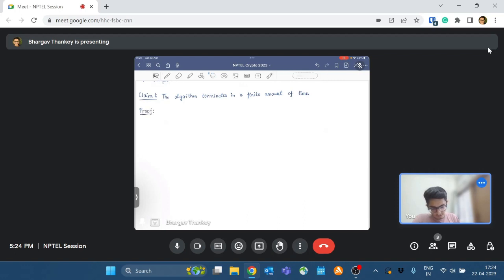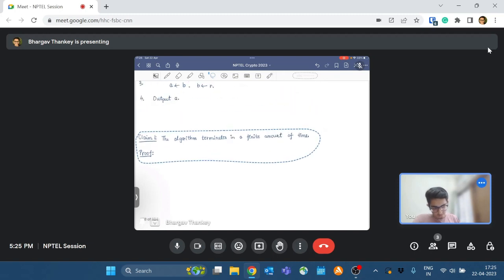So even before I do this, let's establish some notation.